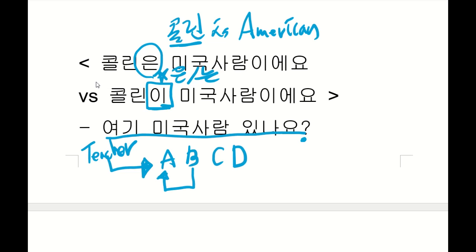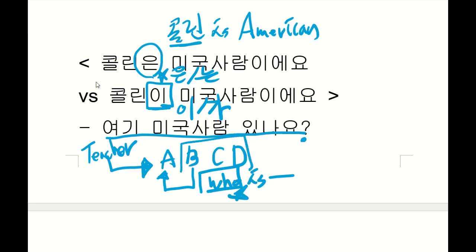So we were focused on who is American in this class. We are focused on the subject itself. So we use 이가 here. Colin is American, not among the other three people. Colin, A, is American. So we use 이가.